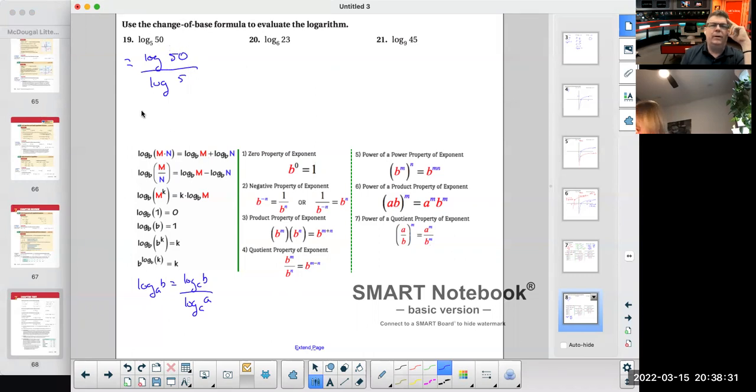So that's no good. But can't I write log 50 as log 5 times 10? Does that make sense? Which then equals... no.